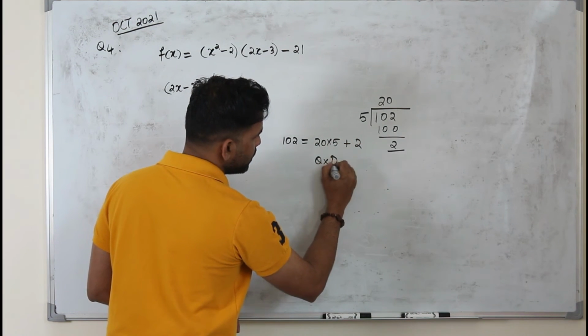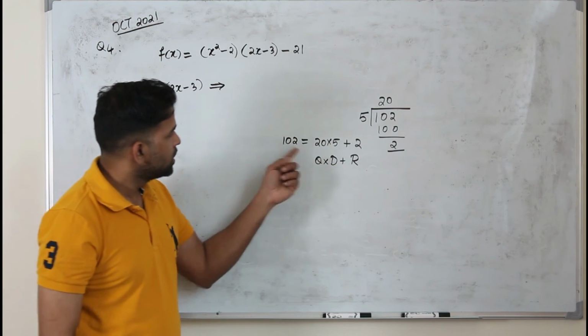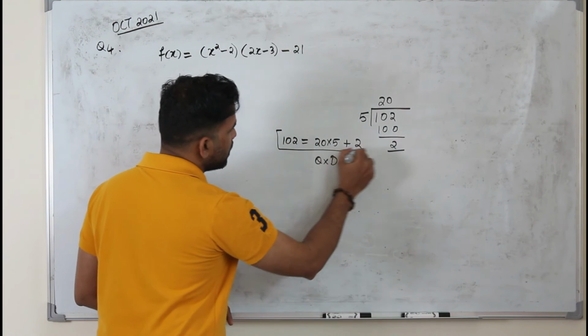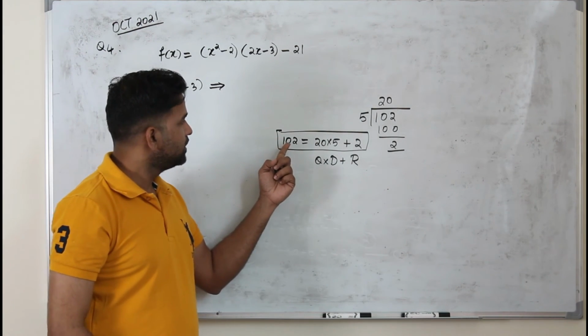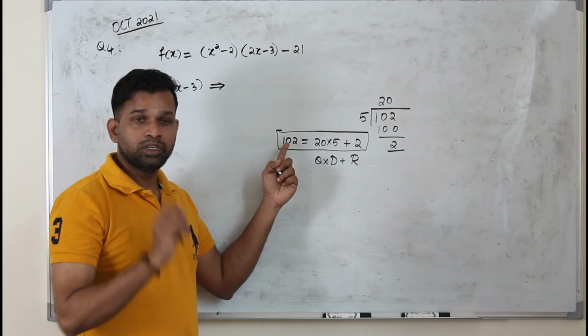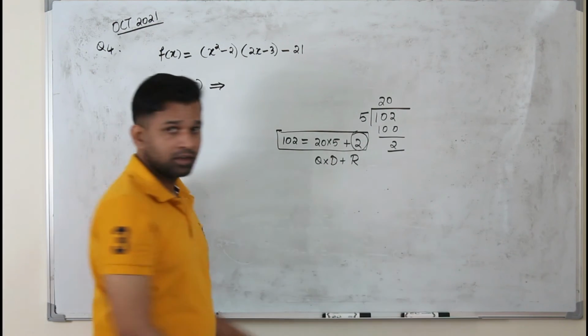Quotient times divisor plus the remainder. So if you are given it in this form, and they ask you to find the remainder when 102 is divided by 5, you can straight away say this number is the remainder.